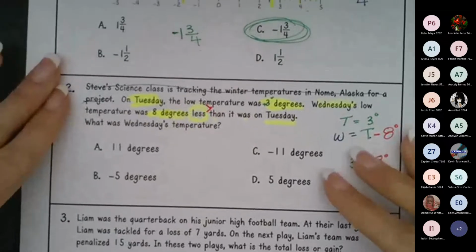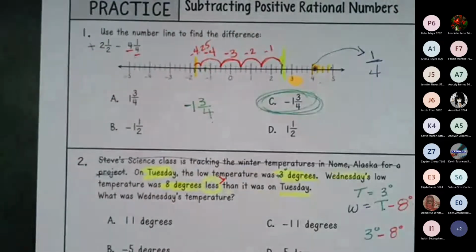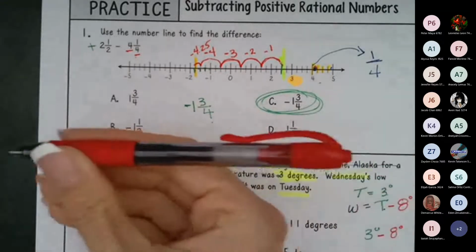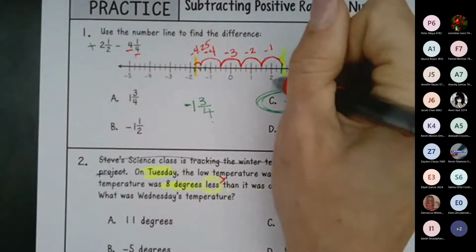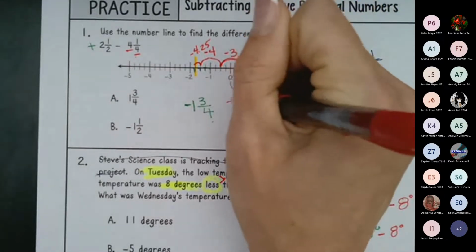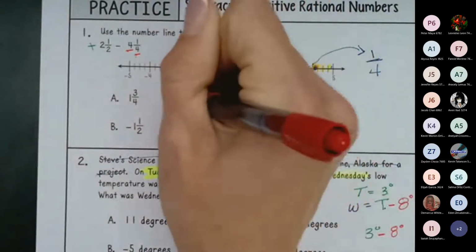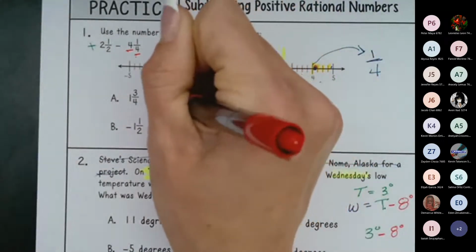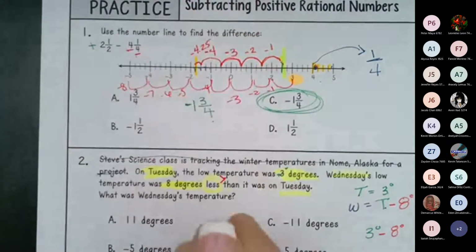Now, fortunately, I do have a number line, right? So I'm going to start here at 3. And I'm going to move to the left 5 numbers, right? So 5 whole numbers. So I'm going to go 1, here's minus 1, here's minus 2, minus 3, minus 4, minus 5, minus 6, minus 7, and minus 8.